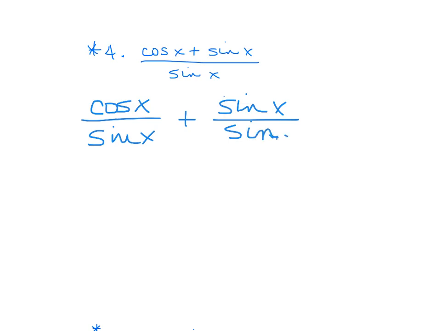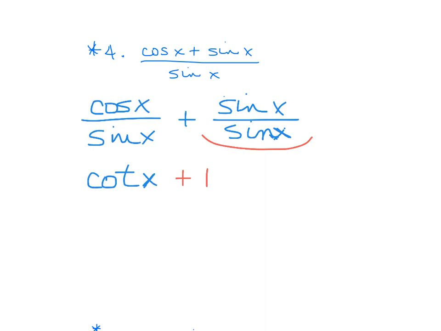Now I can use properties that I know and identities that I know. I know that cosine x over sine x, its equivalent identity is cotangent. So I'm going to replace that with cotangent of x. And I know that anytime I divide anything by itself, I get a 1.